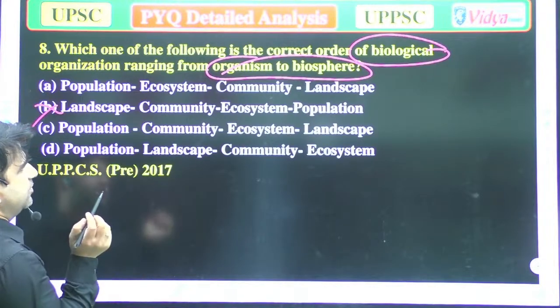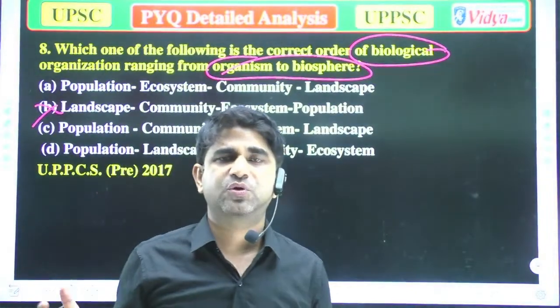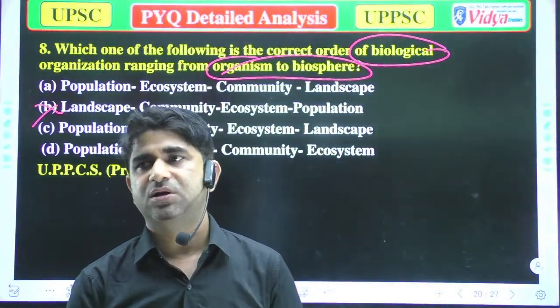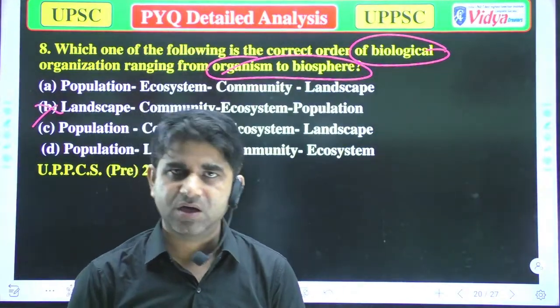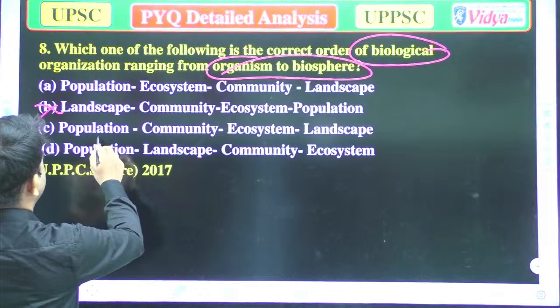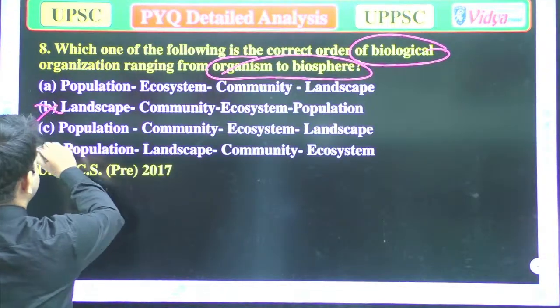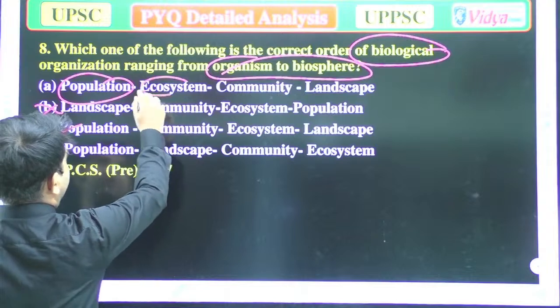After the population, those living organisms will make a community. Population then community, so only option C is correct, because population makes the community, not the ecosystem.